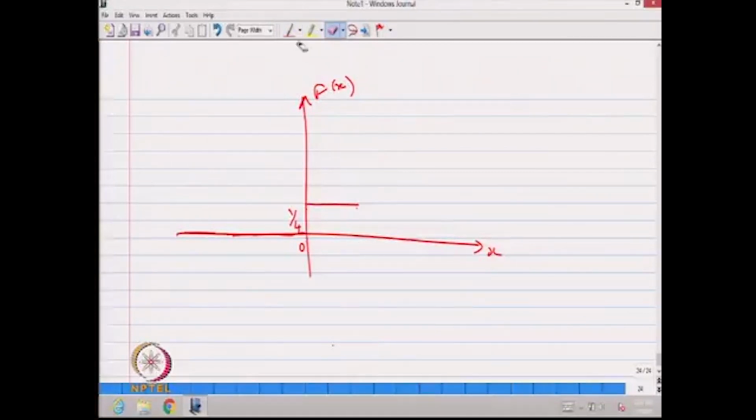At the point 1, it has a next jump of height 1 by 2, so that the value is 3 by 4. Suppose this is 1 by 4, another 1 by 4, another 1 by 4, so this much height. At the point 2, it has a next jump, so that jump brings the value to 1.